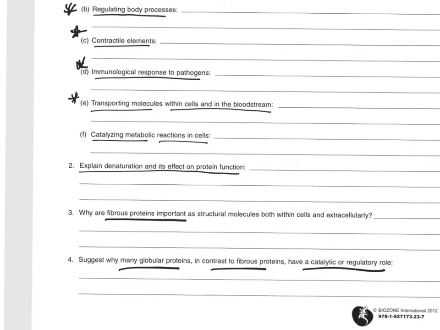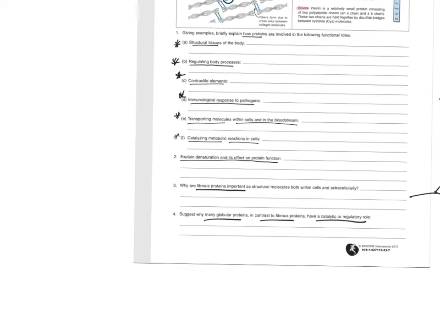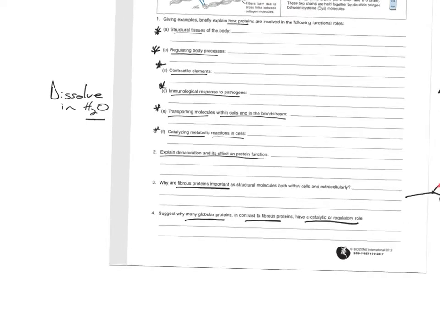So if you're going to carry oxygen in your bloodstream, it better be what? It better be soluble. It better be able to dissolve in water, right? Because the solvent in your blood is water.